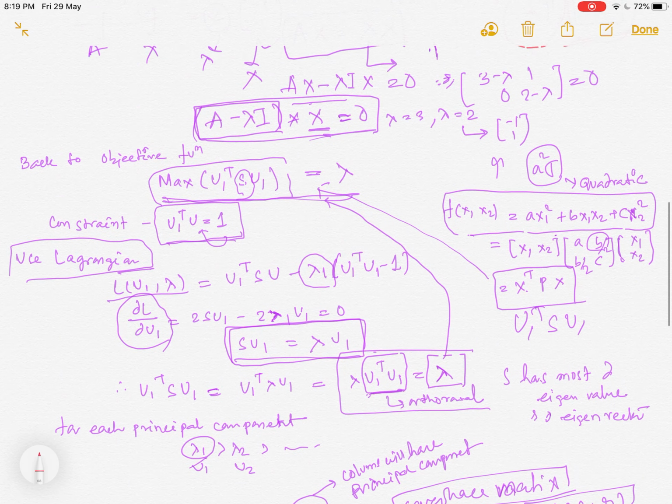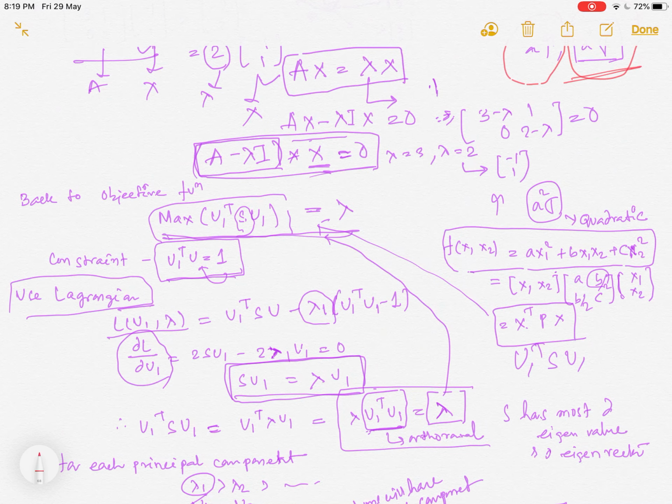Let's see how a quadratic equation is written in matrix format. Let f of x1 and x2 be a x1 squared plus b x1 x2 plus c x2 squared, which can be rewritten as x transpose, that is (x1 x2) transpose. We write the coefficients a and c on the diagonal and write the coefficient b over here.